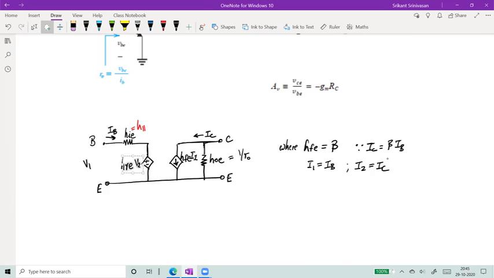A transistor is an amplifier, right? So the voltage gain of the transistor should be V2 divided by V1. V2 by V1 is a big number, and HRE is V1 divided by V2, so this is a very small number. Since this is a very small number, usually this can also be neglected. But this is just more informational. It's not a part of your exam.